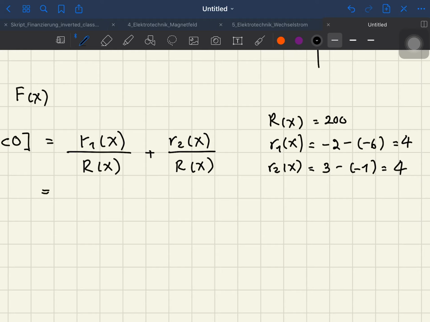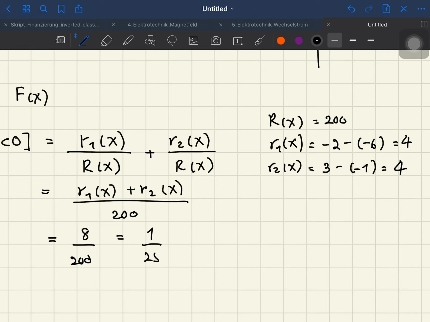And if you manipulate the fraction a bit, you will get this 8 over 200, which eventually brings you the simplified expression of 1 over 25. QED.